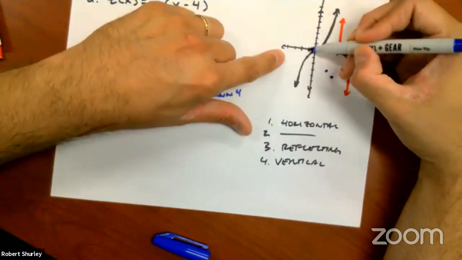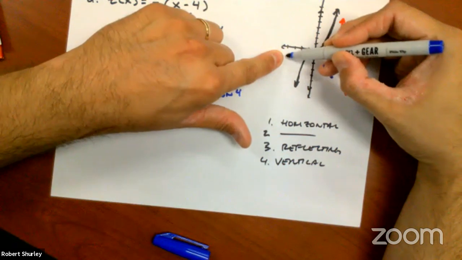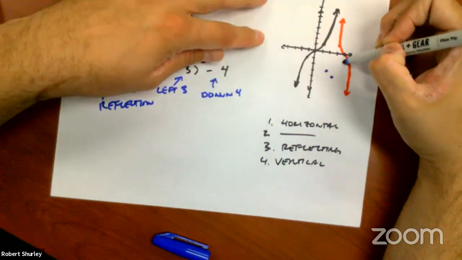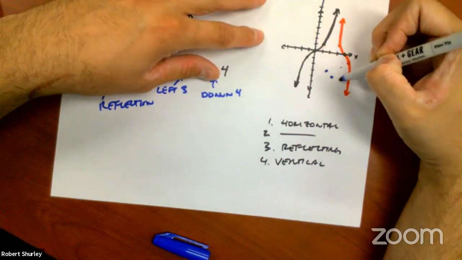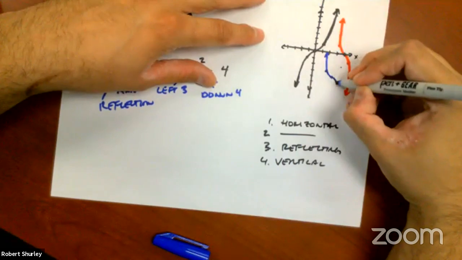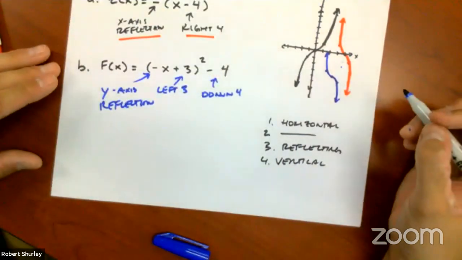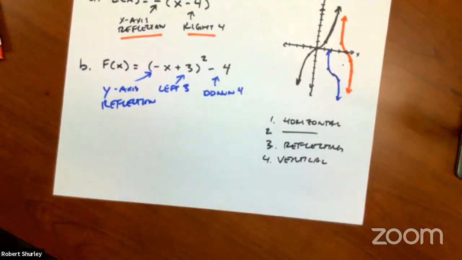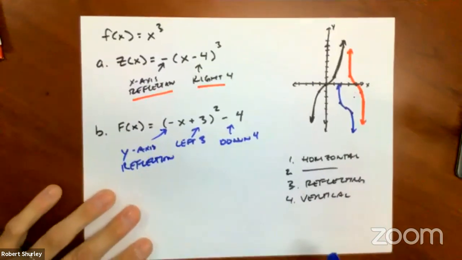Y-axis reflection. Now look, I'm 4 units to the left, so now I'm going to be 4 units to the right. And then I'm going to go down 4, 1, 2, 3, 4. It actually looks like that. Kind of crazy. That's F of x. Kind of weird, but that's it.